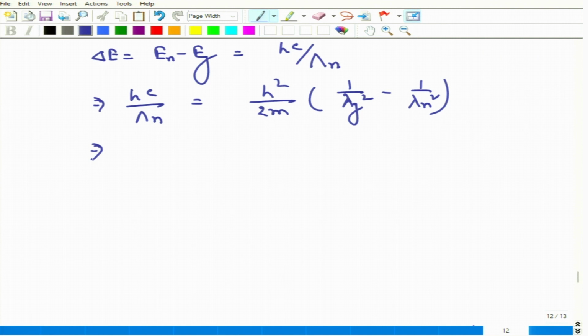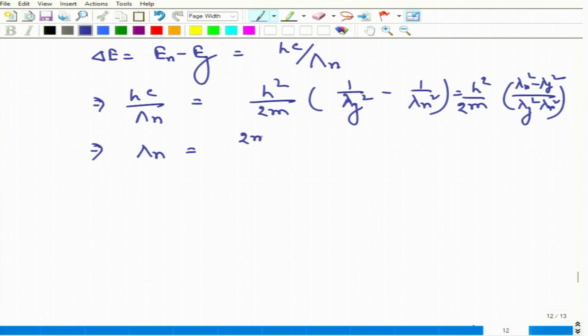So from here, if you take the LCM, it will be lambda g square lambda n square, and it should be lambda n square minus lambda g square. So lambda n should be, h will be cancelled, it will be 2m divided by h, and c will be there, and this will be flipped again.